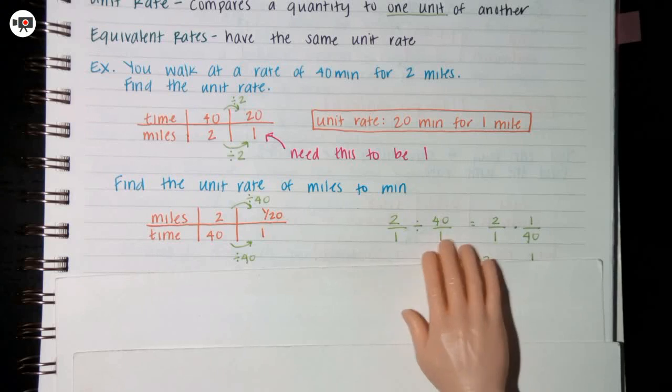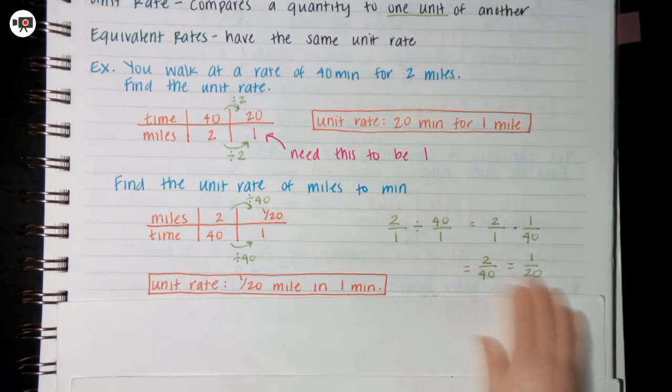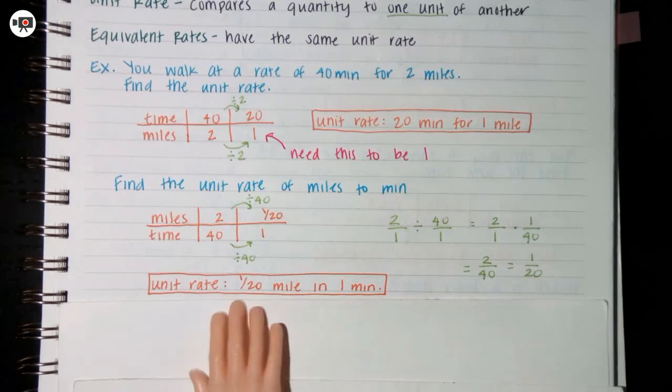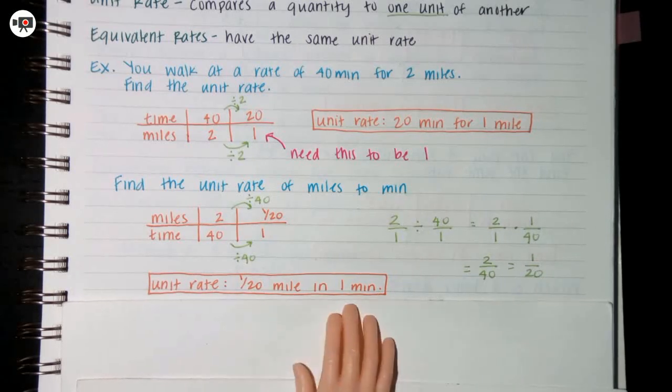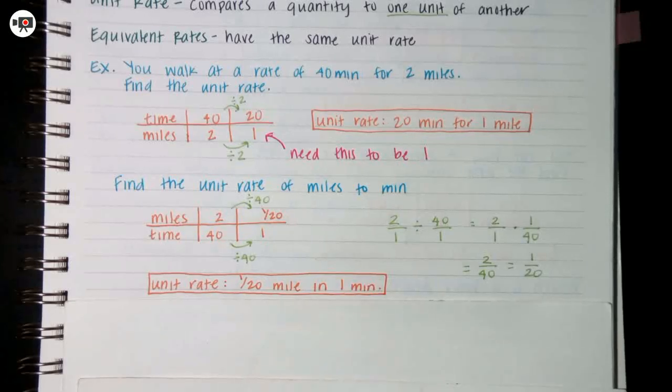That would be dividing by 40 over 1 is 2 over 40, and 2 over 40 is 1 over 20. So I go 1/20th of a mile in 1 minute. These are both unit rates for the same situation. They just give us a little bit different information that could be useful in different ways.